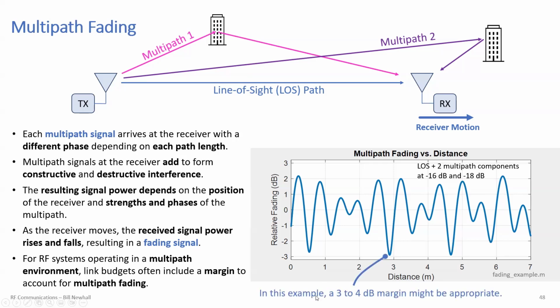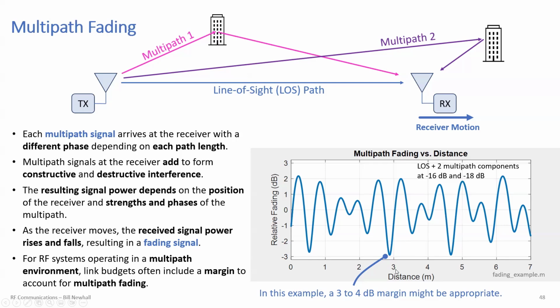And in this case, where you see this kind of fading, where I have a particular case, a line of sight plus two multipath components that are 16 dB and 18 dB respectively below the line of sight, you might include a margin of 3 to 4 dB, right? Because you look at the fade, you might analyze this, figure out what the deepest fade is. I see a 3 dB fade almost.